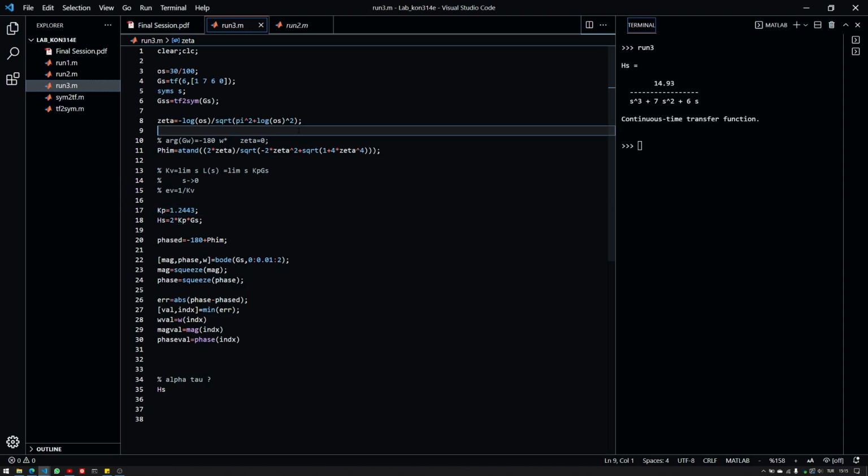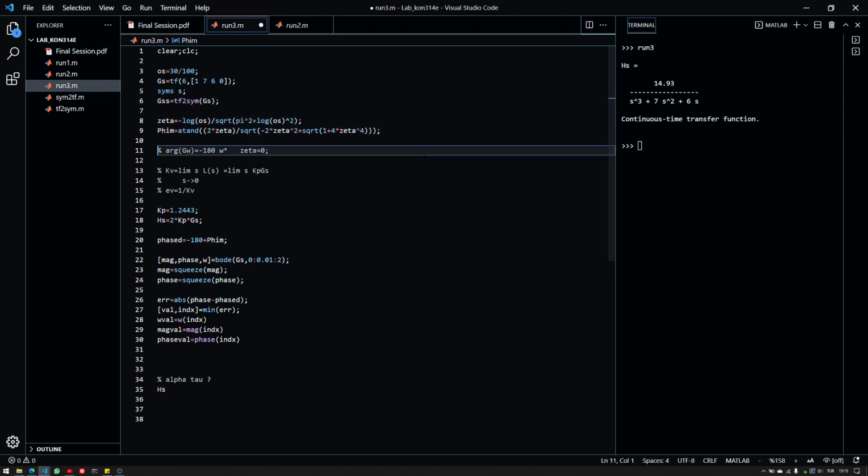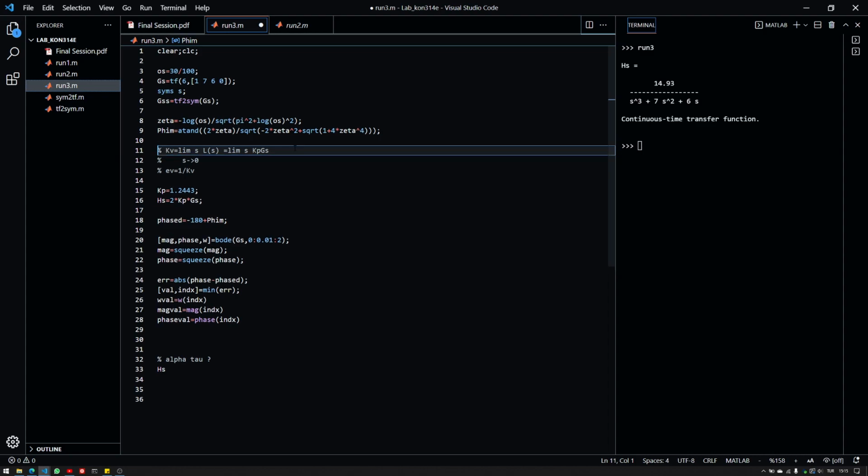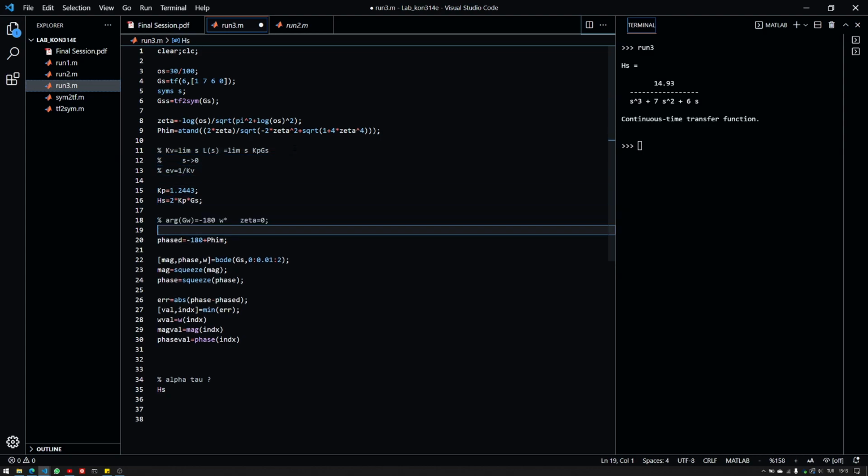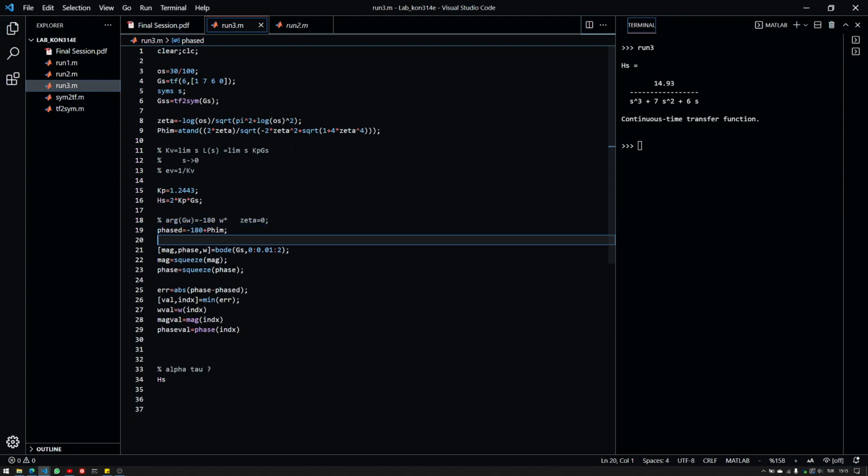Now, we have the zeta value, we have the corresponding phi value, and we have also the limit and the corresponding H(s). Now at this point, we will look for, again, this phase value here, but let me show you something.